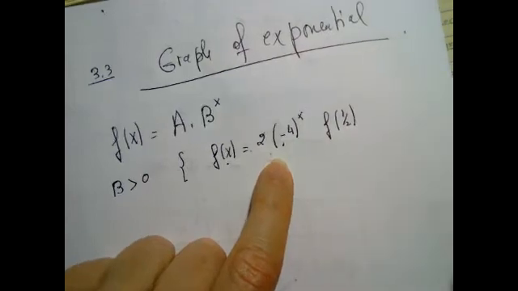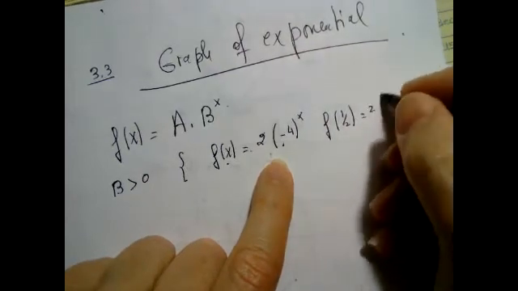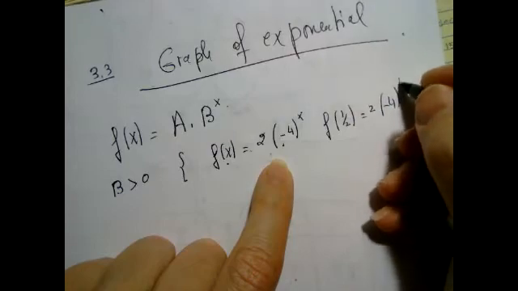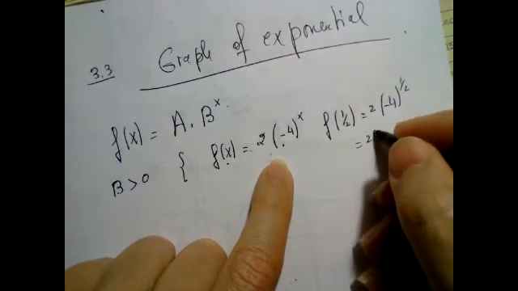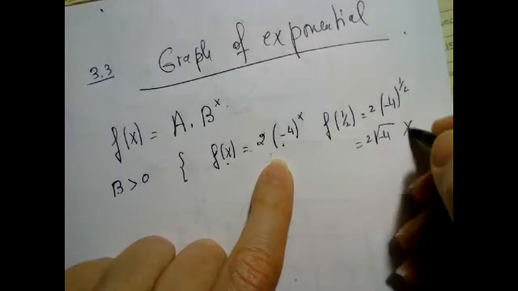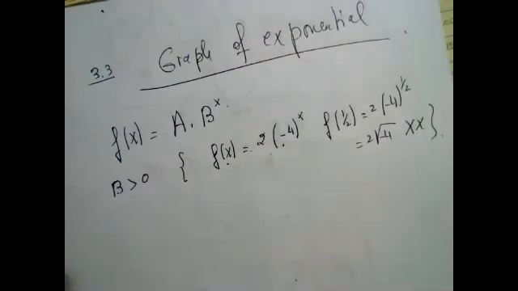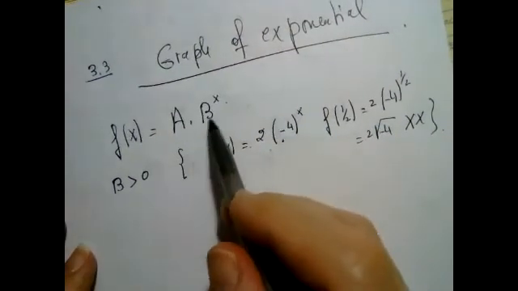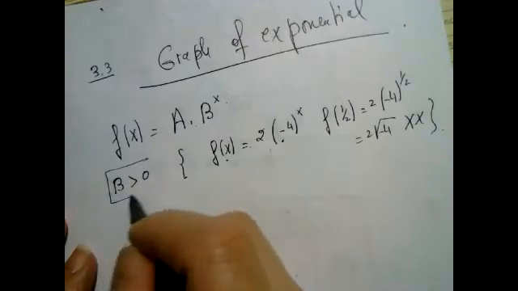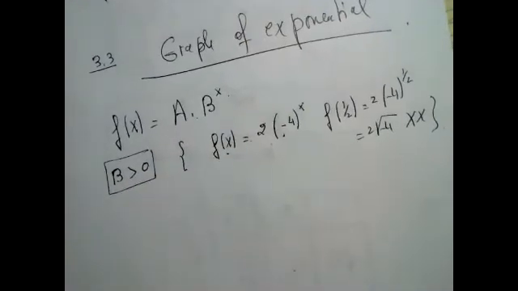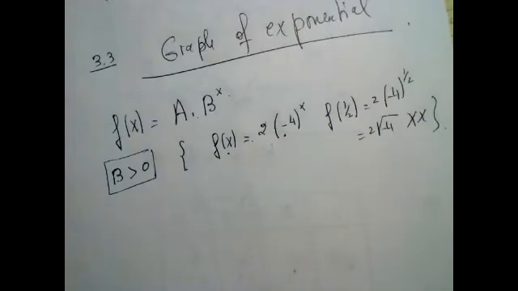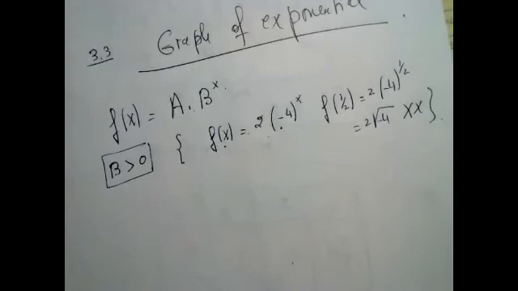Because if I take f of 1/2, I will have this to the power 1/2. It means 2 times the square root of minus 4, which doesn't make sense whatsoever. So the growth factor always has to be positive. If you put a negative growth factor, you know you're doing something wrong. It's never a negative number.